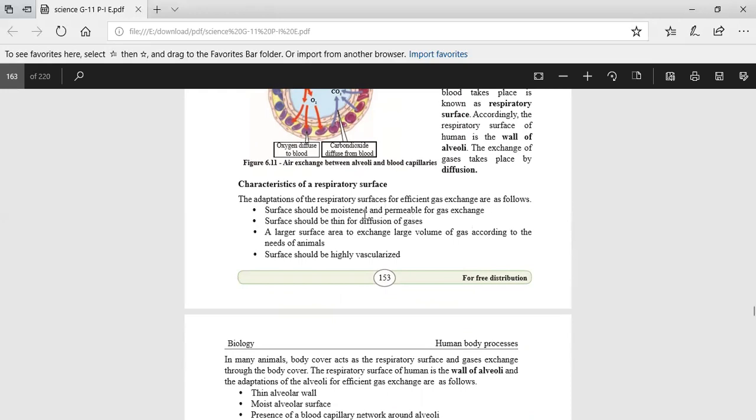It needs to be moist, easily binding, and a permeable membrane. One layer, it is easily permeable for gas exchange.